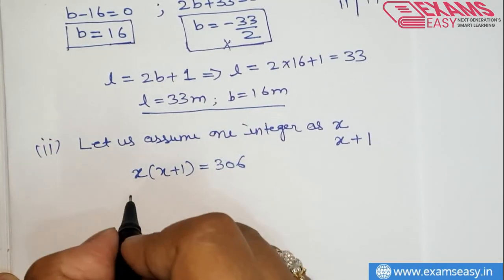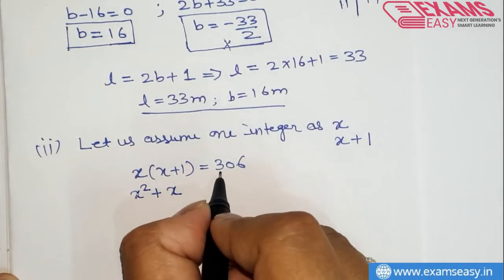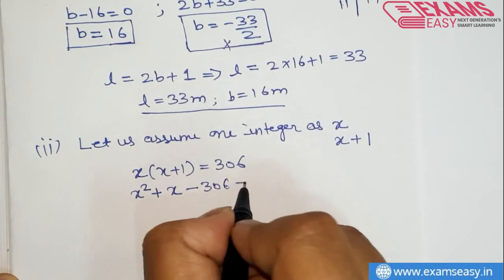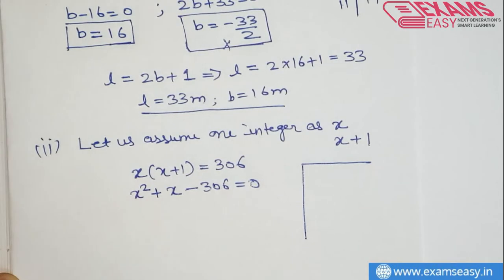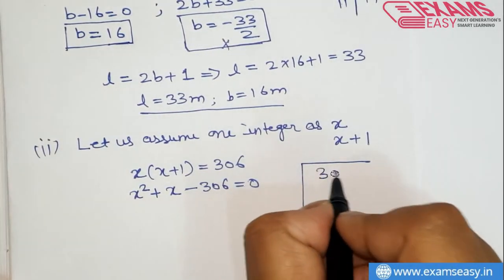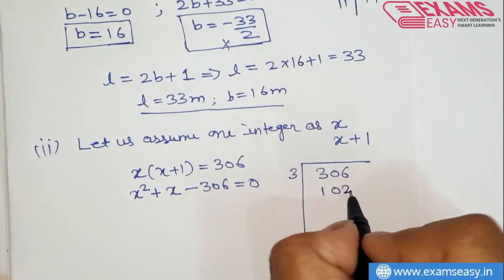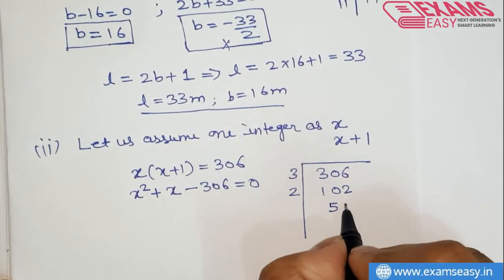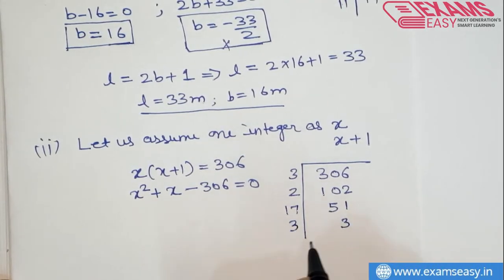If we multiply, we get x square plus x, and bringing 306 to the left hand side, we get minus 306 is equal to 0. We do the same procedure, we will find the factors for 306. 306 is 3, 102, 2, 51, 17, 3 and 3.